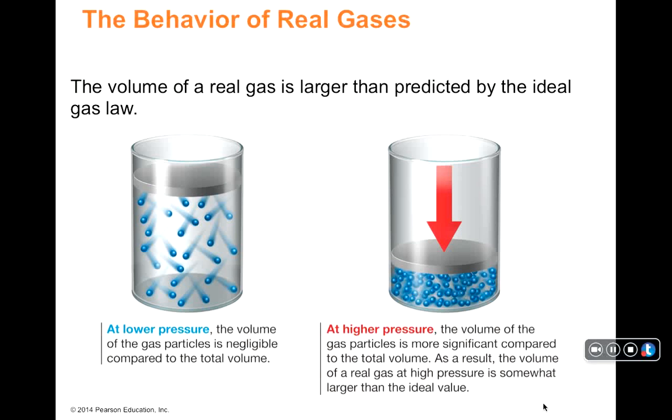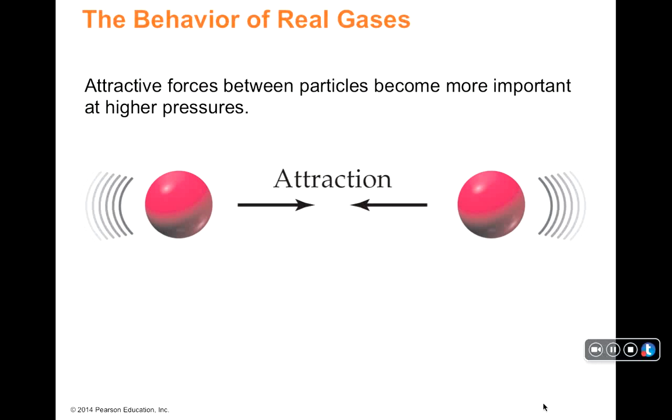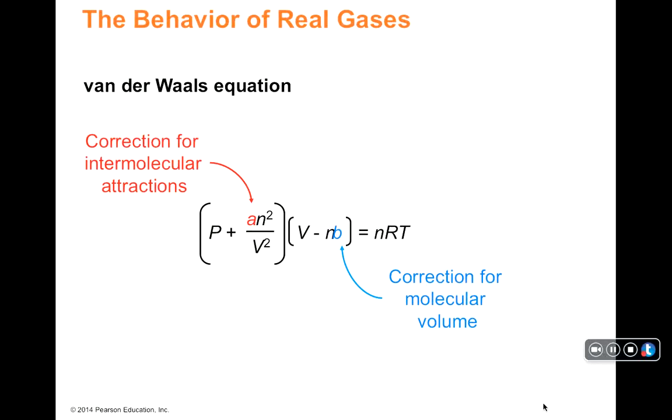One thing that we know is that the volume of a real gas is usually larger than predicted by the ideal gas law. We also know that attractive forces between particles, there are some, become more important at higher pressures. Those are two examples, and we account for those intermolecular attractions and for that increase in volume by two separate variables labeled A and B in this overall equation known as the van der Waals equation.